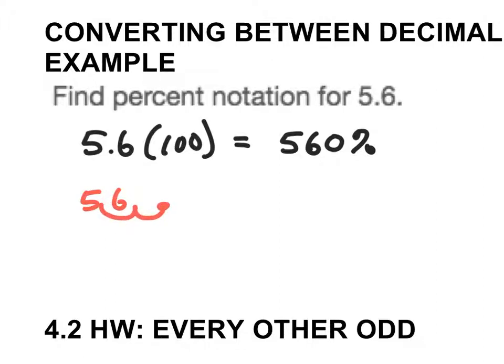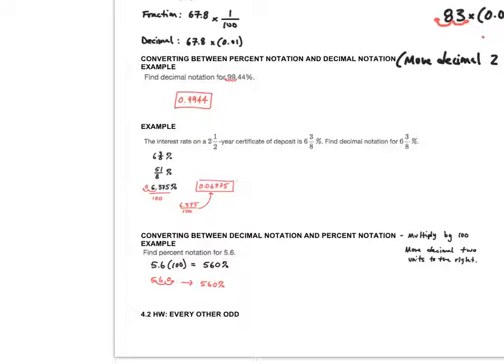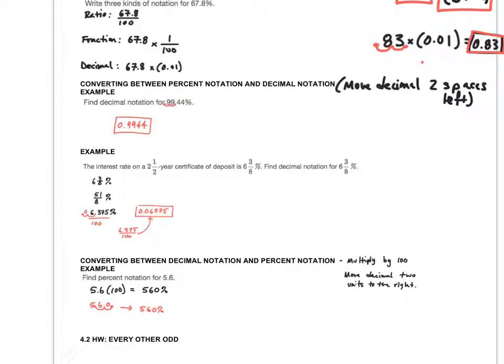And if I don't have any number there, then I need to put a 0. And so that would just give me 560%. So it's all about just moving that decimal place. If you're going from a percent to a decimal, you move it to the left. If you're going from a decimal to a percent, you move it to the right.